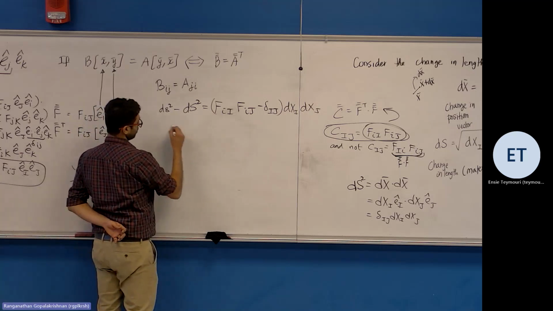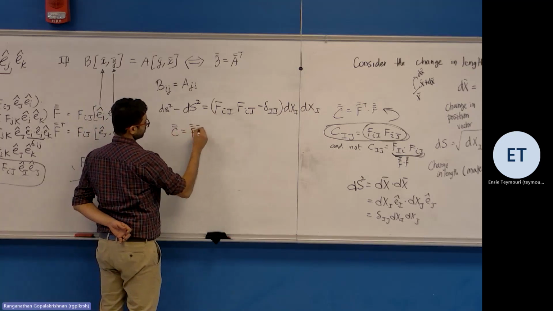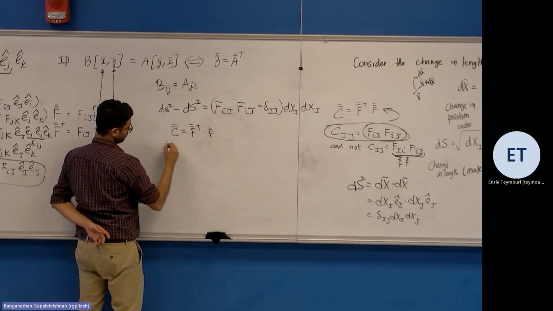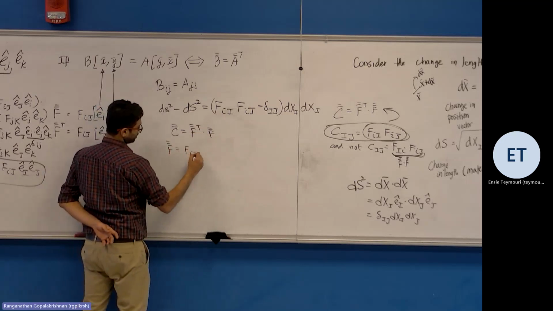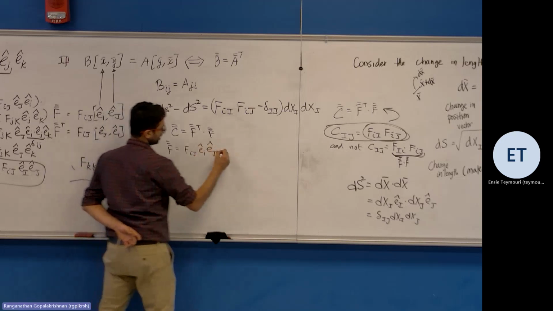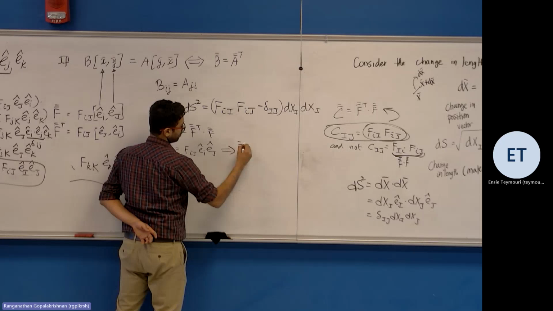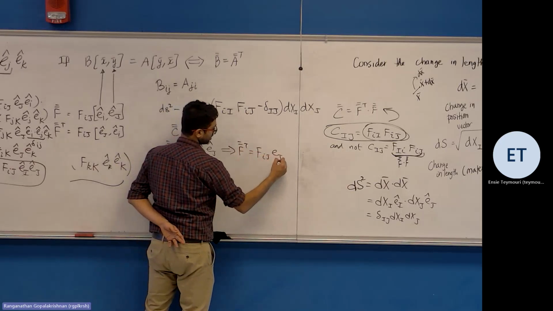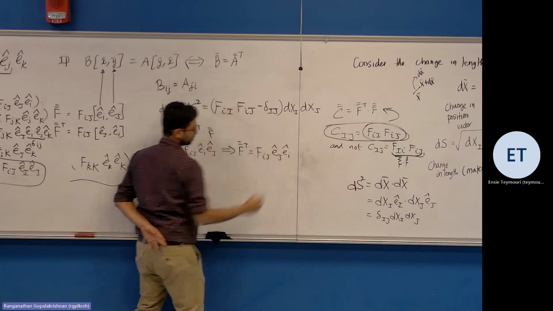So C is F transpose dot F. If F is written as F_ij e_i e_j, this implies F transpose should be written as F_ij e_j e_i.